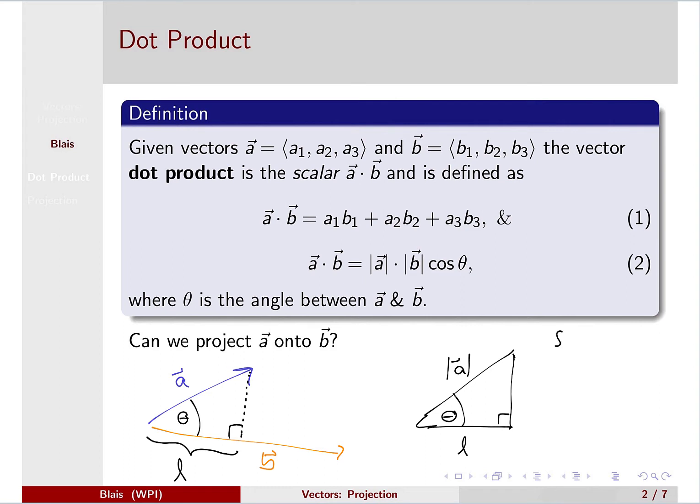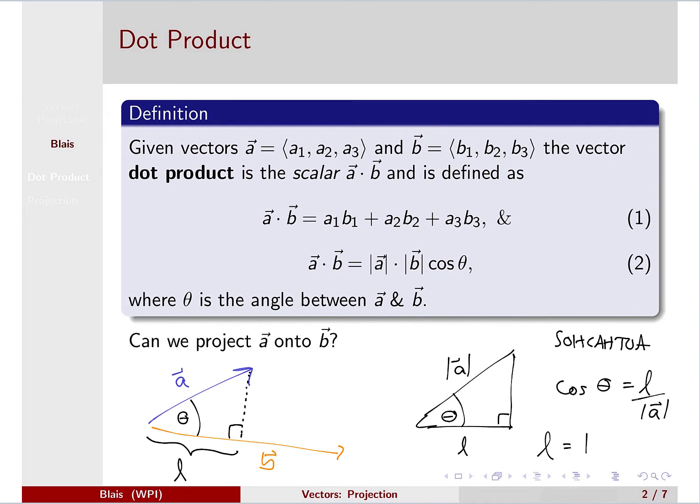And we know from our SOHCAHTOA rule, we can get a relationship between these three quantities. Specifically, cosine of theta is adjacent over hypotenuse. And this L is what we're interested in.